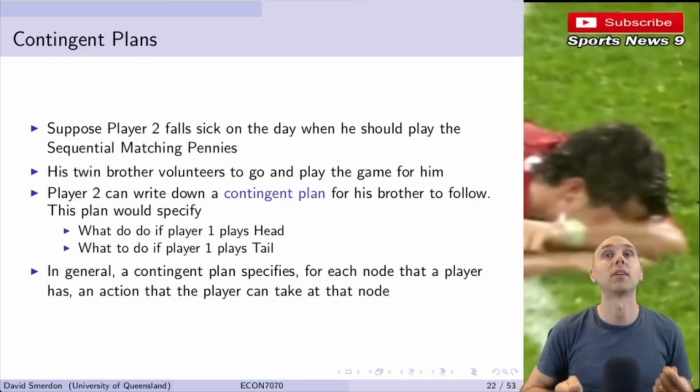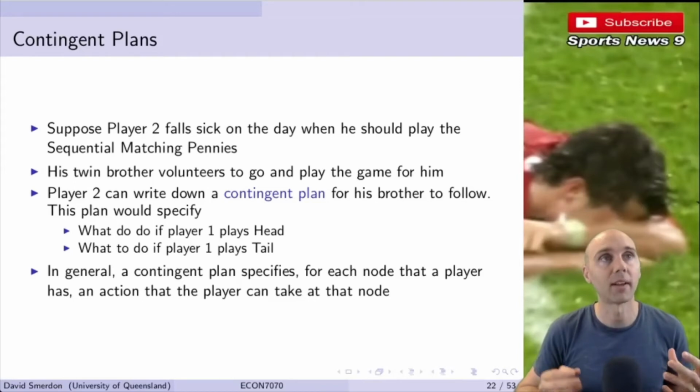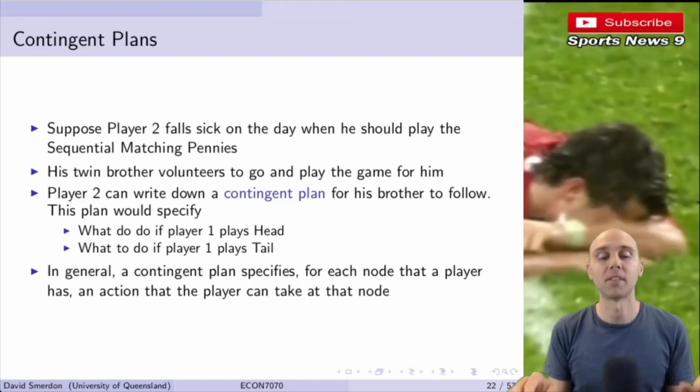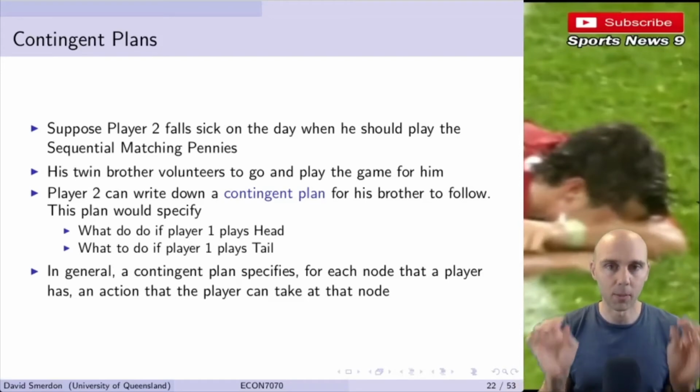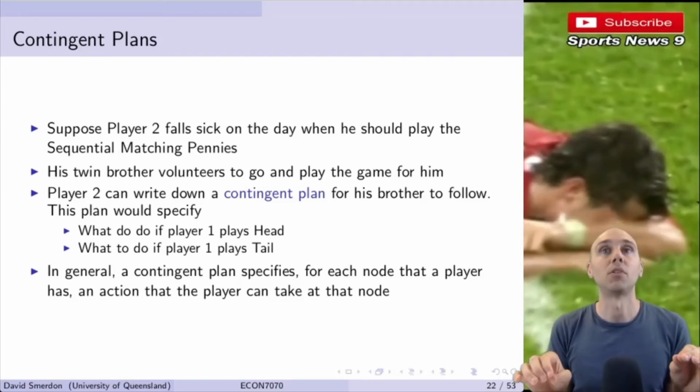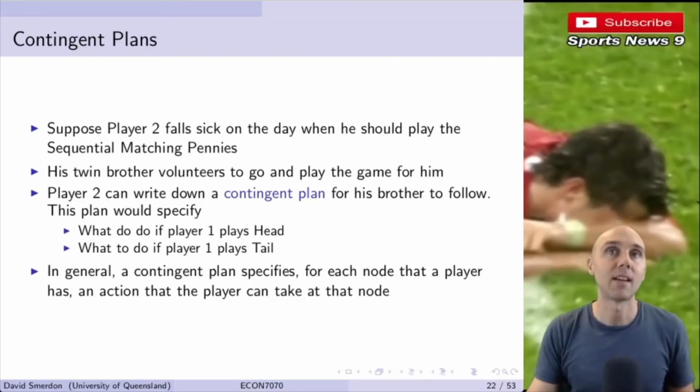So player 2 can write down a contingent plan for his brother to follow, kind of like a list of instructions. And the plan needs to specify everything so that no matter what happens, his twin brother knows what he's supposed to do. So it needs to specify this is what you do if player 1 plays heads, and this is what you do if player 1 plays tails. That needs to be specified. That should be a T.